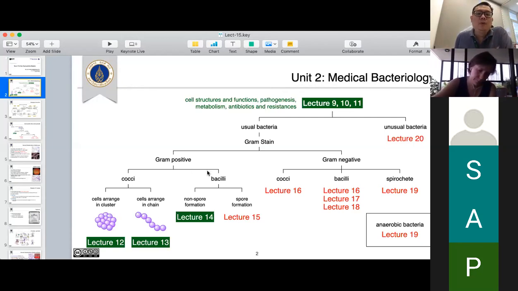And then we moved to gram-positive bacilli. Gram-positive bacilli, we divide into non-spore forming and spore forming, right? Still remember? Non-spore forming gram-positive bacilli are separated by the way of staining and the pattern of morphology.